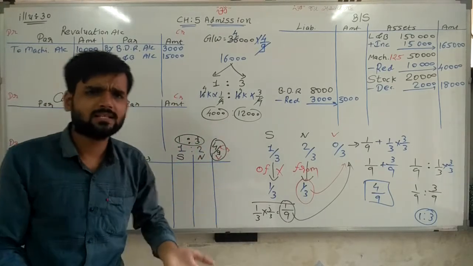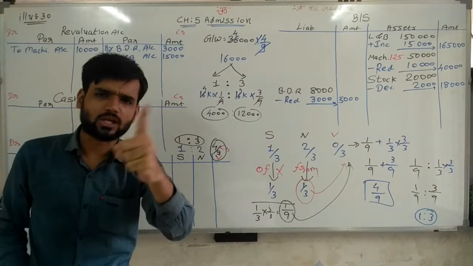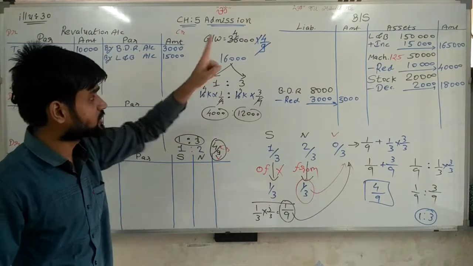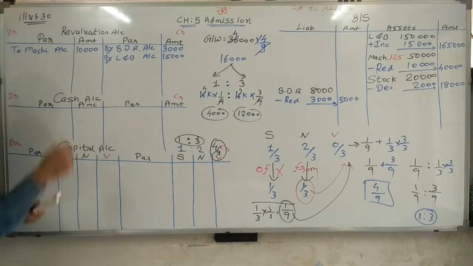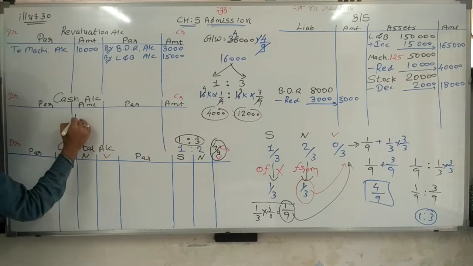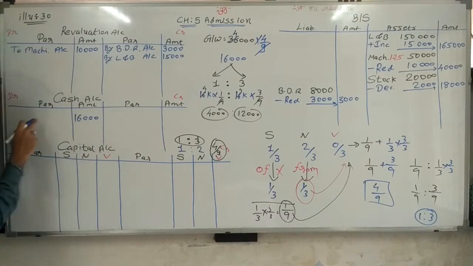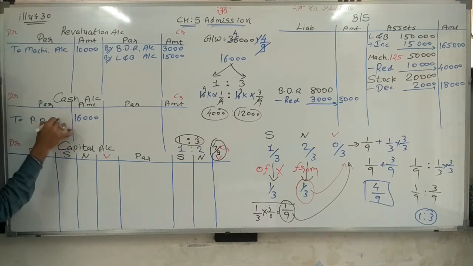Now, doing it the easy way, I am not writing the journal entry. Directly cash comes in, 16,000. Cash account, debit side, write down 16,000. And against it, write premium for goodwill account.